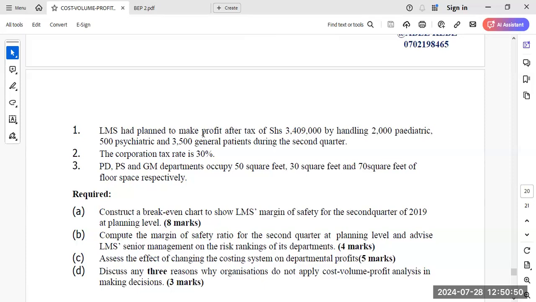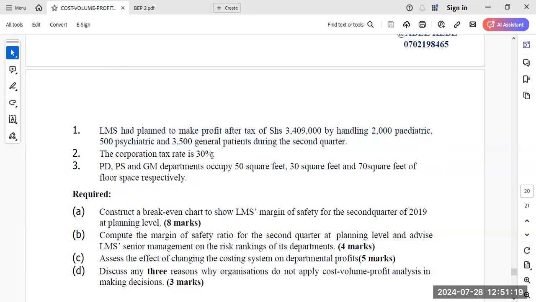LMS had planned to make a profit after tax by handling 2,500, then 3,500 patients respectively during the second quarter. This was their plan.